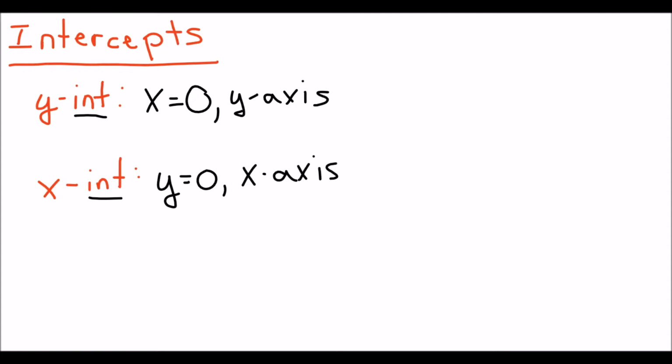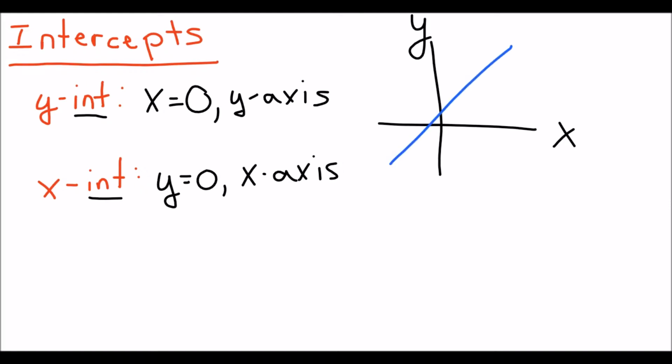So let me show you what I mean. If we have an xy plane, here's x, here's y, and let's say we have a line that goes through it, just like so. Okay, so we want to know where our x and y intercepts are. A y-intercept is on the y-axis, and it's where x equals 0.